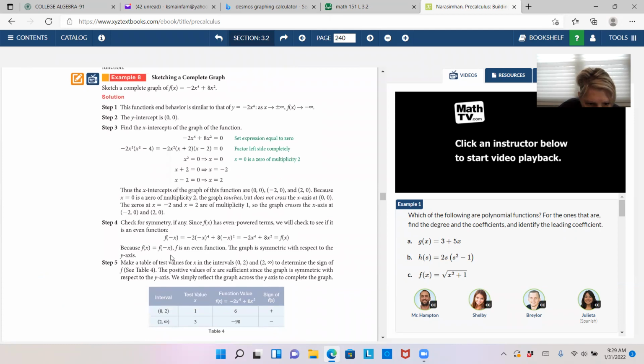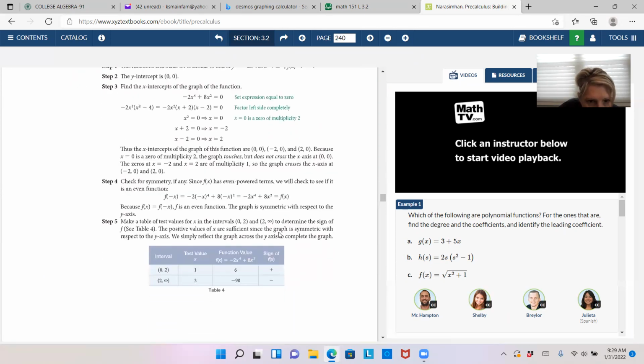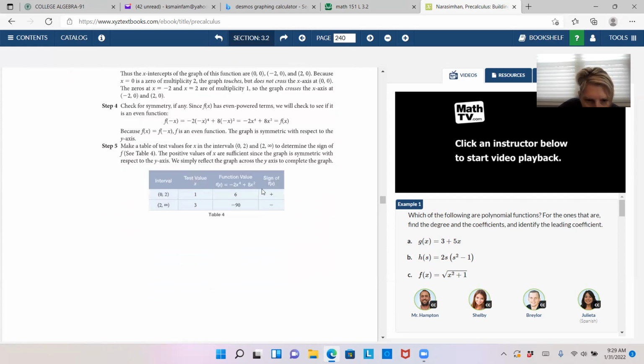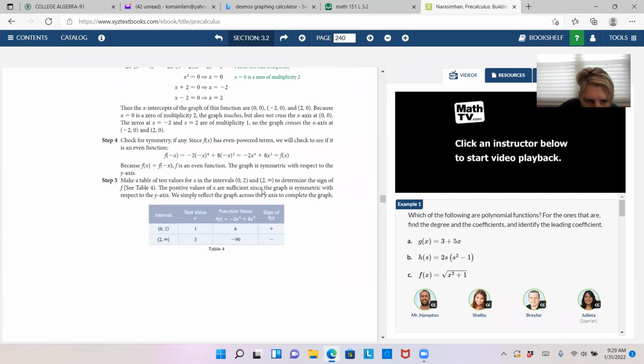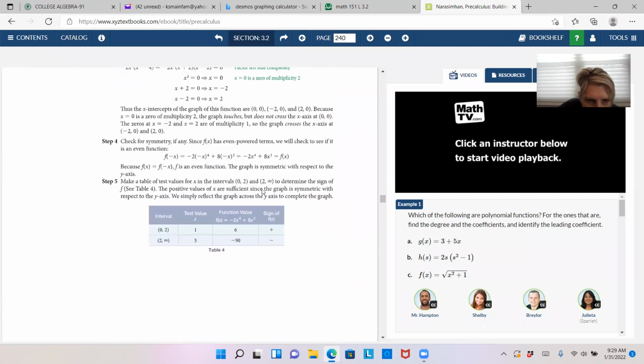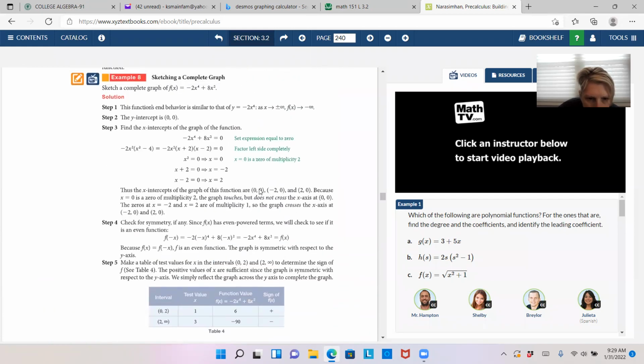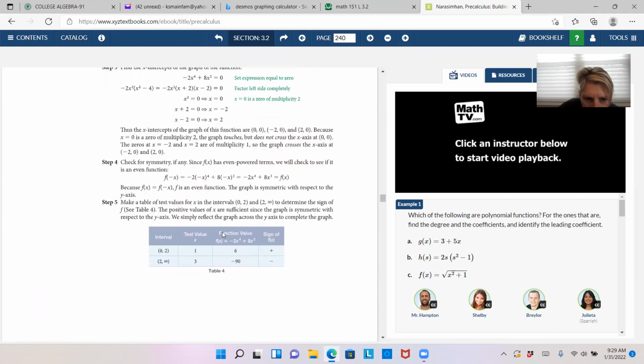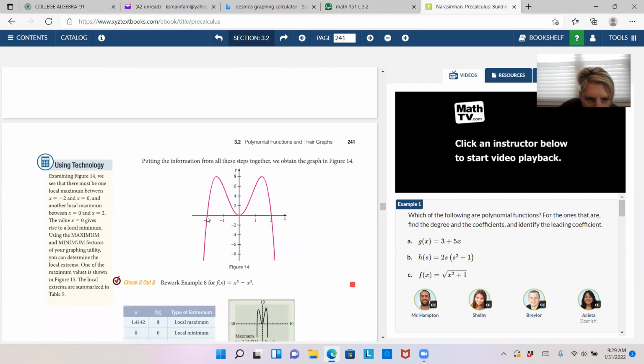Our symmetry is an even function, meaning that if you put in x or negative x, you will get the same thing. And then our test values for the intervals just to determine the sign of f in the table. So just looking for where it's turning. So basically we're just looking at the intercepts, like where is it turning at? And then you can know that it's going up or going down.